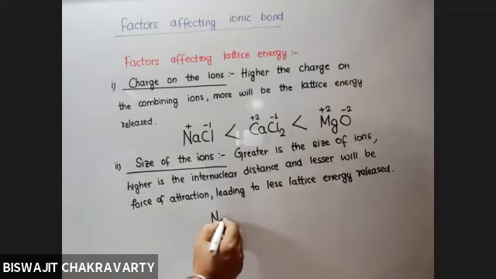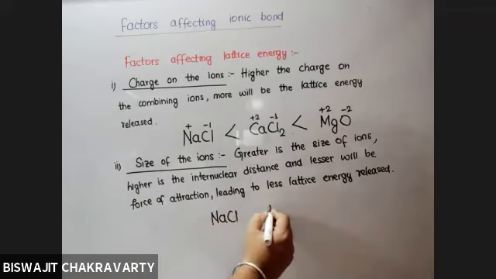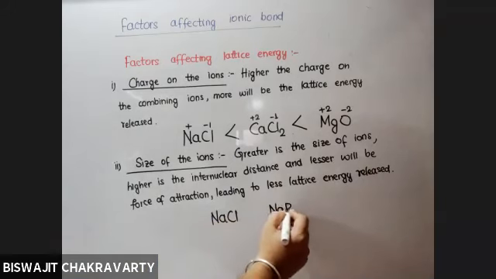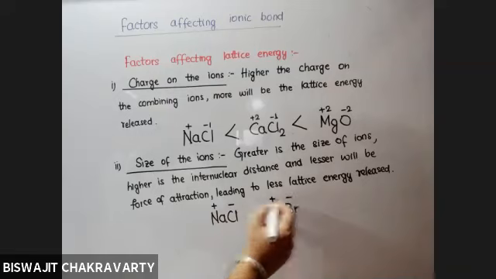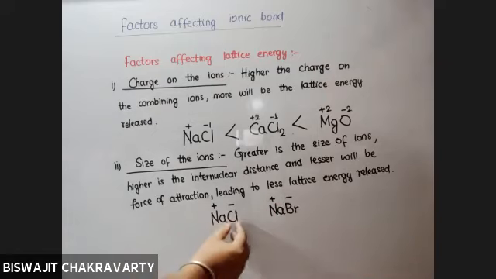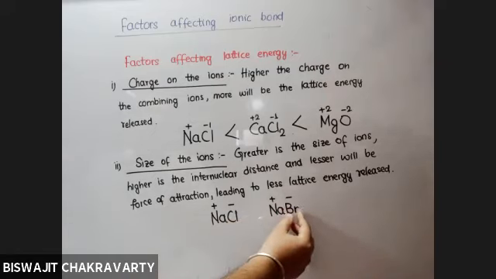So suppose we have NaCl and NaBr. No doubt, both of them are plus minus, plus minus. But where do you think is the difference? This is smaller size, this is larger size. Bromide, Br minus, is slightly larger with respect to Cl minus.